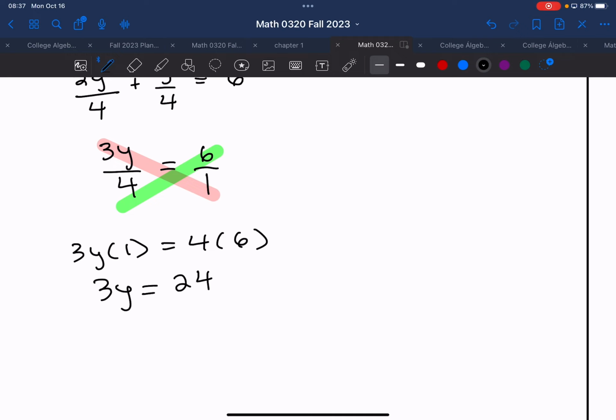Notice how we now have a linear equation. What are we doing now to get y by itself? Divide by 3, so that tells us y is what? Y is 8.